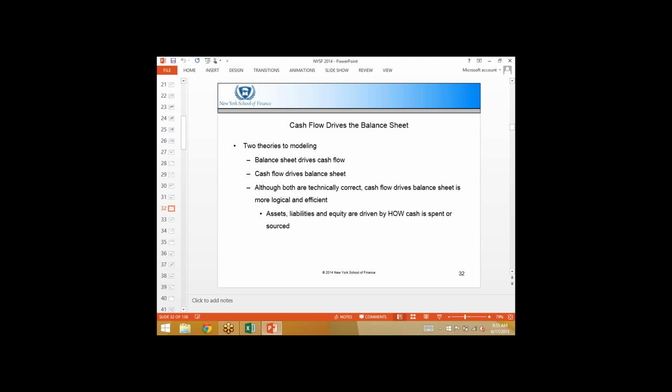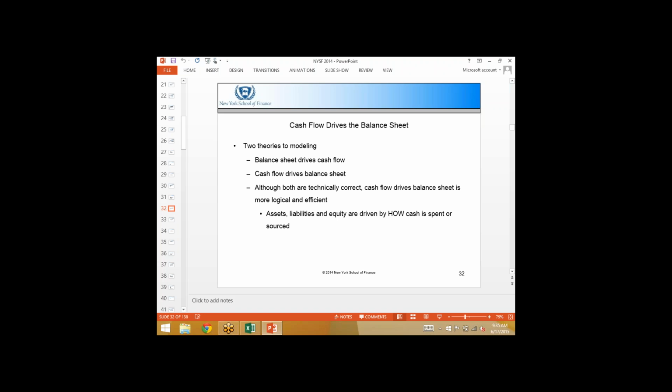So if you had a balance sheet that showed 2014 PP&E of 1,000, right? And let's say you had 2015, let's say this is historical, 2015 of 1,500 PP&E, right?